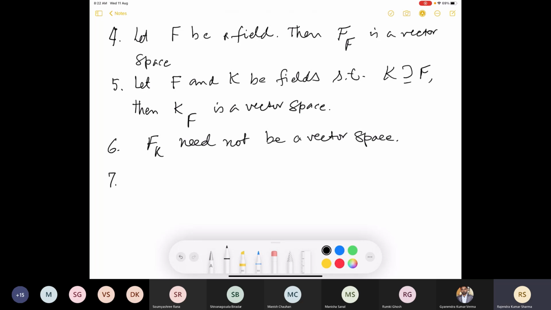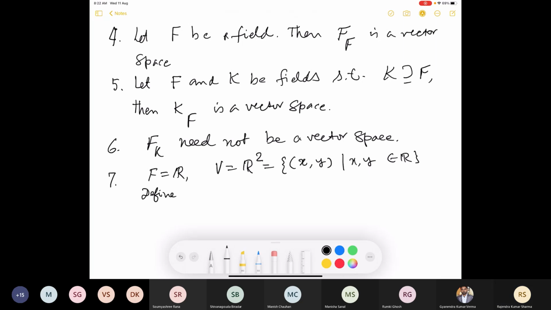So let us take F to be the field of real numbers, and let V denote the set of all ordered pairs X, Y, where X and Y are also real numbers. Now here you can define two elements.